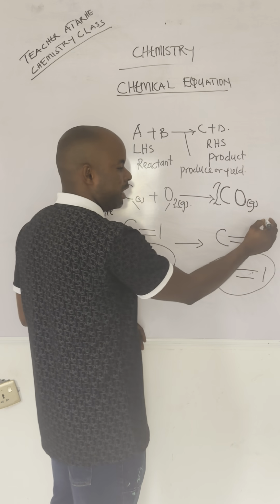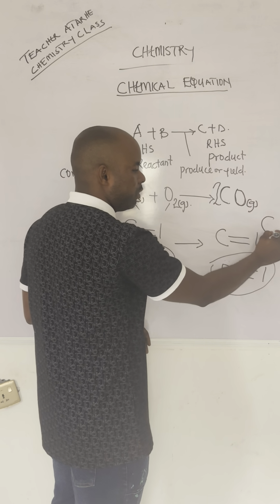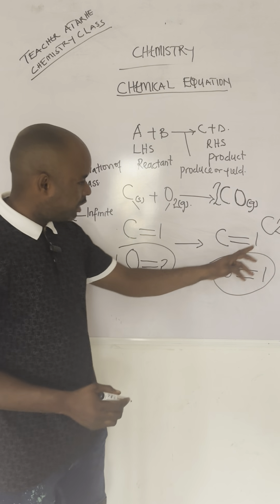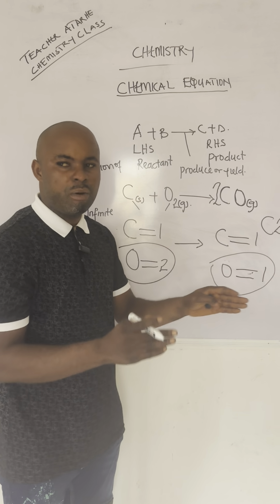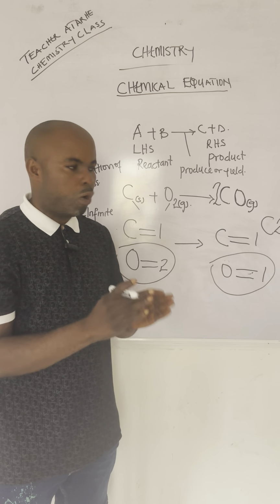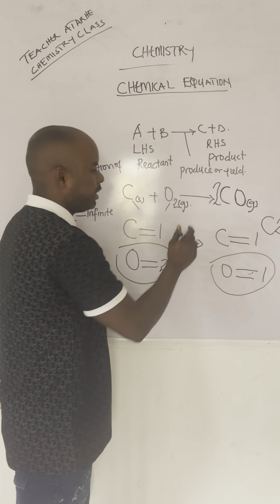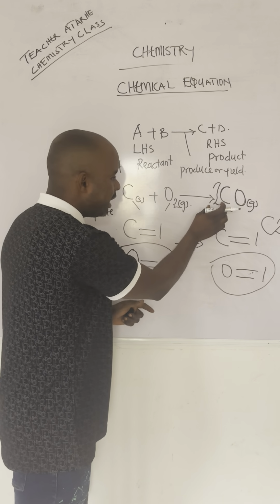Some students will ask, teacher, why couldn't we add 2 here? No, this compound is chemically bonded together. That is why it's called a compound. So this 2 is added at the surface. Let me use the word surface, it's added at the surface here.